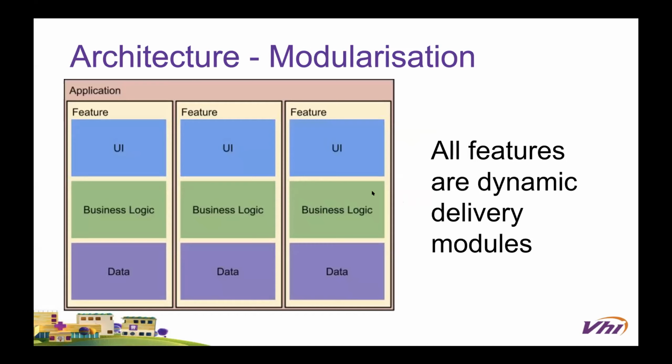So I'm going to run through the architecture of our app, just to give you guys a bit of background, and then we'll run through how we're planning to implement Compose. At the top level, our app is modularized. Essentially each feature is its own dynamic feature, dynamic delivery module. We do this for a couple of reasons.